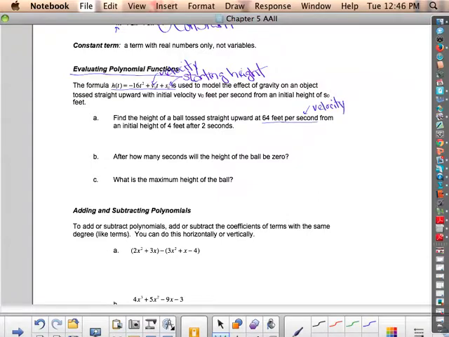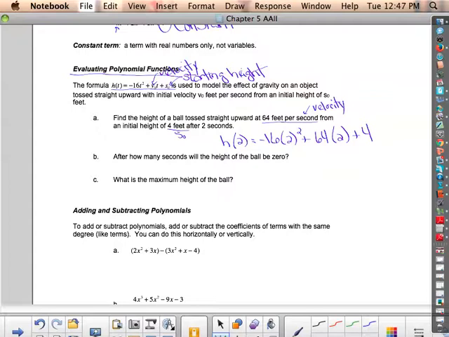From an initial height of 4 feet, that's our s sub 0, our starting height. So the height of this ball after 2 seconds is going to be h of 2 is equal to minus 16 times 2 squared plus 64 times 2 plus my initial starting height of 4.